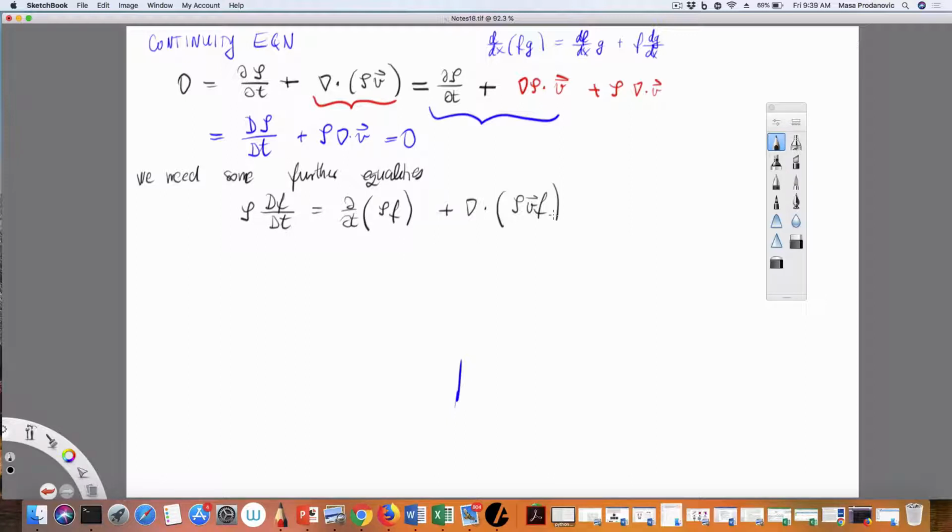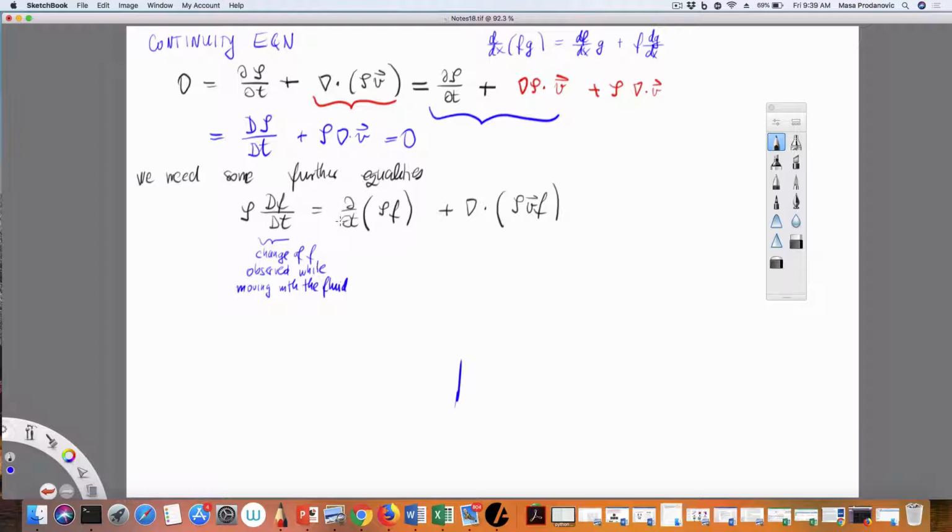So if I look at the density times change, this is my change of f: the material derivative of f is the change of f observed while moving with the fluid. And this is just my regular time derivative in my regular coordinate system.